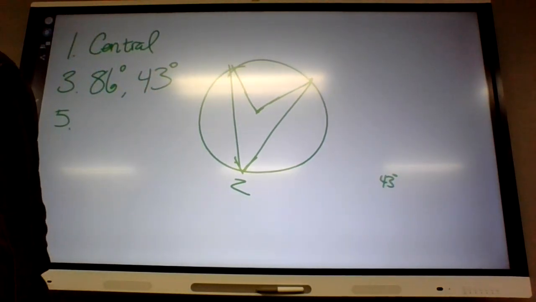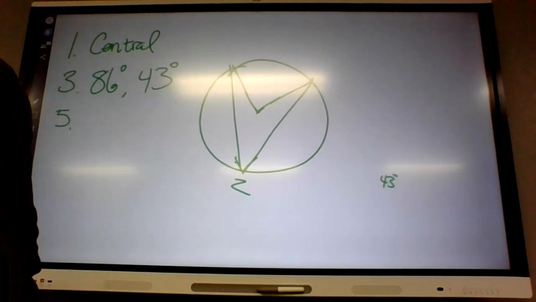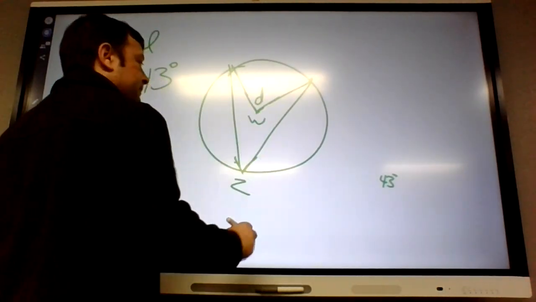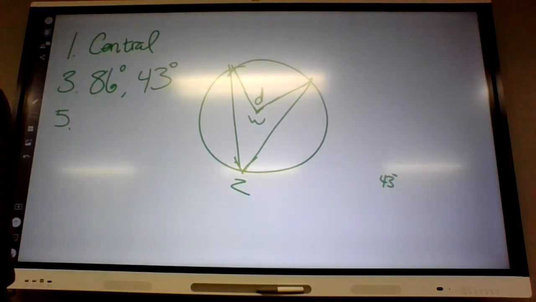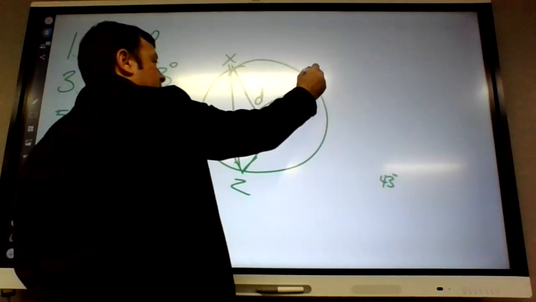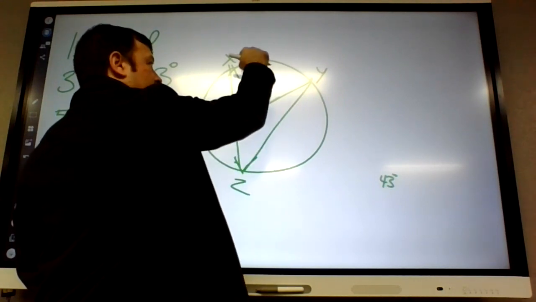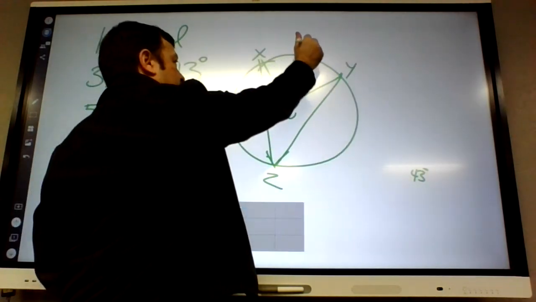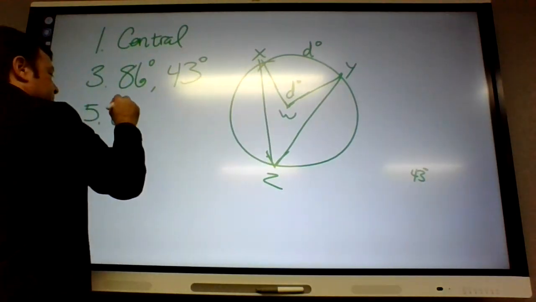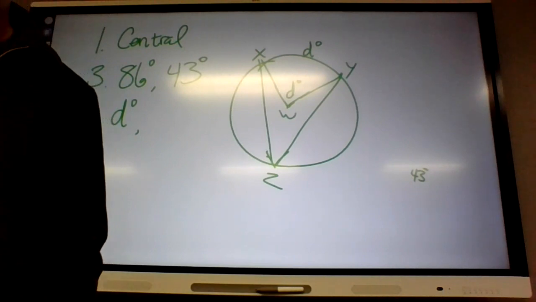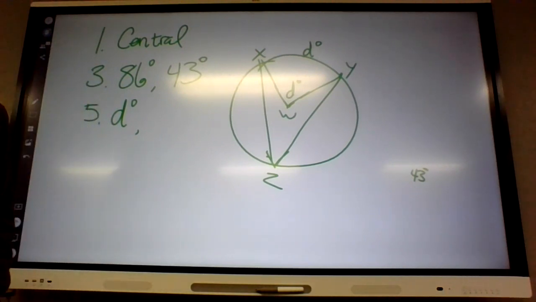So it says angle W is D. Right there. So the first question is find the measurement of arc XY. So if this is D degrees right here, that's what? D degrees. Yeah, the arc is D. And then what is the measurement of angle Z?